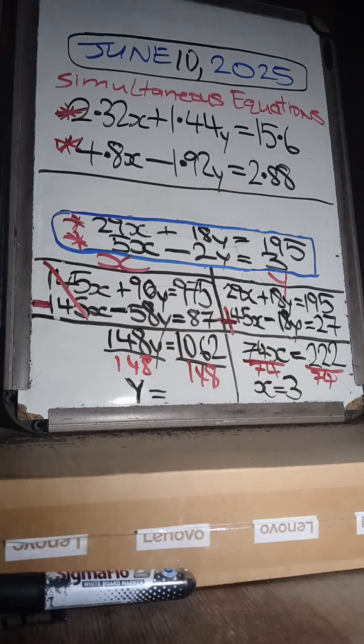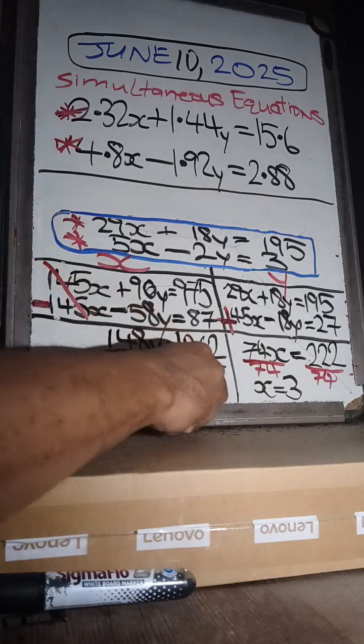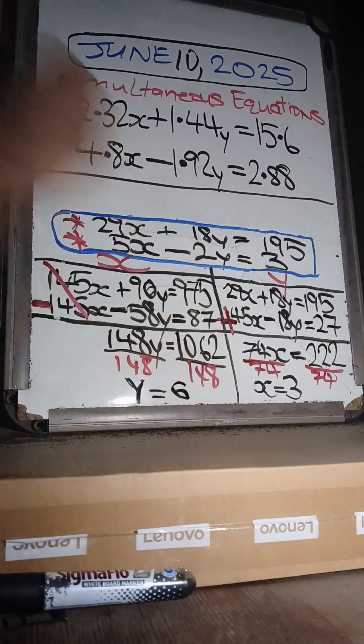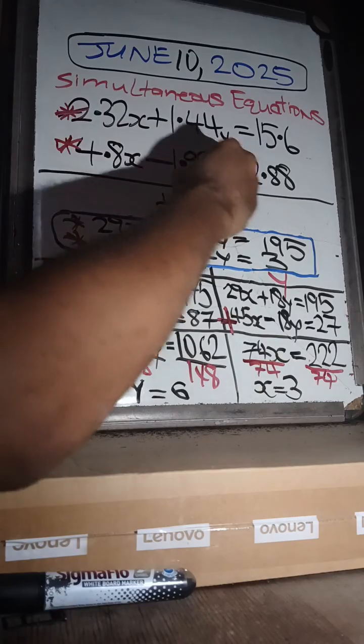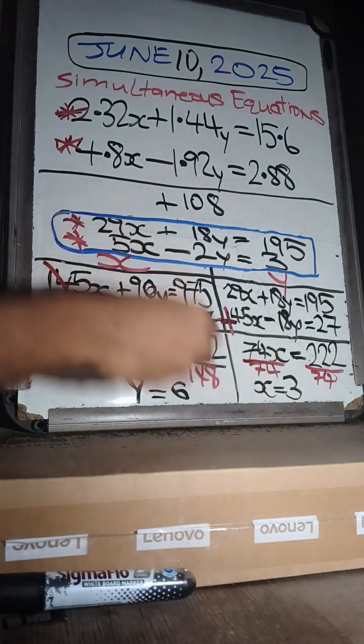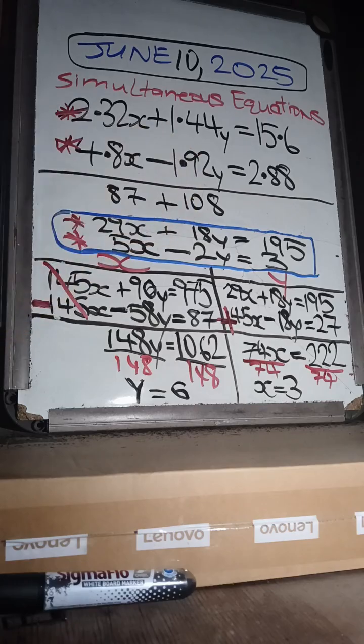Alright, let me humor myself and write down the number 6. 15 minus 12 gives you 3. Last time I checked. Now, 18 times 6 would give you 108. And 29 times 3 would give you 87.